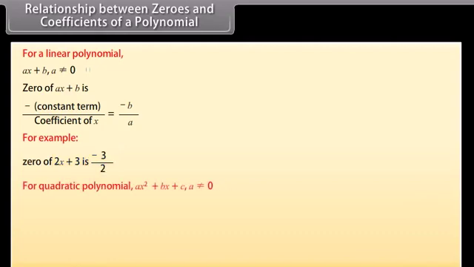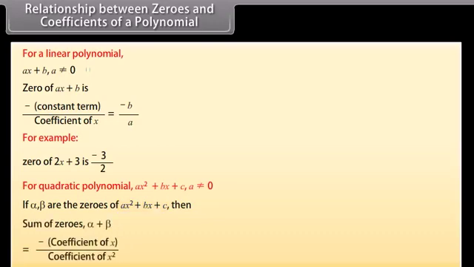For quadratic polynomial ax square + bx + c, a is not equal to 0. If alpha, beta are the zeros of ax square + bx + c, then sum of zeros, alpha + beta, is equal to minus coefficient of x upon coefficient of x square, which equals -b/a.